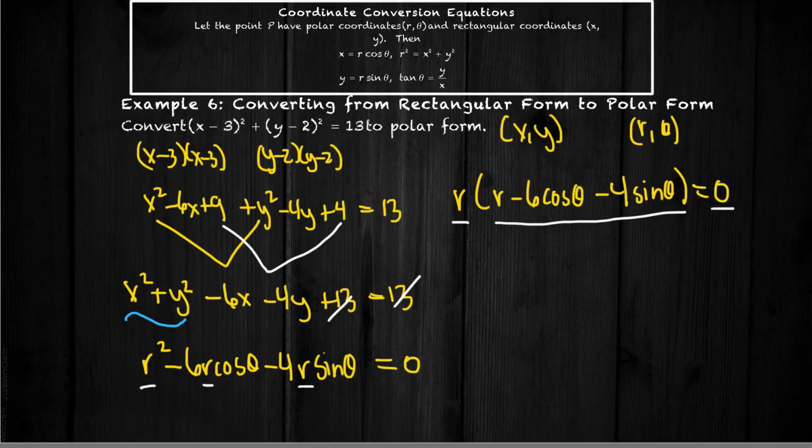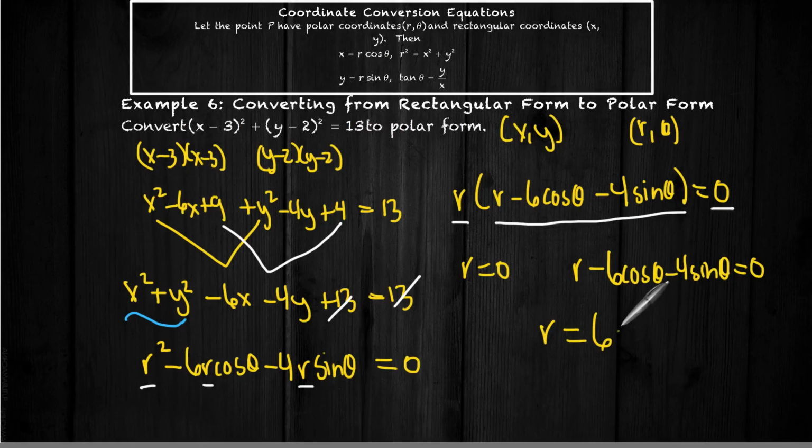So let's go ahead and do that. So r equals 0. Well, that's just basically a point. R equals 0, there's no radius. But this one, we have r minus 6 cosine of theta minus 4 sine of theta equals 0. We solve this for r by moving everything to the other side, and you get r equals 6 cosine of theta plus 4 sine of theta.